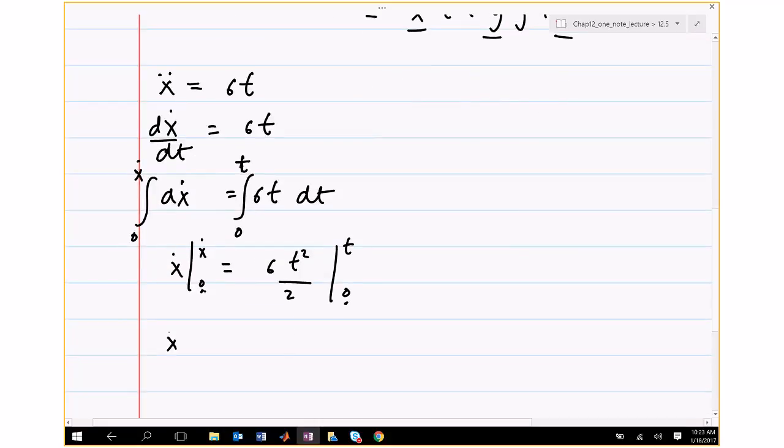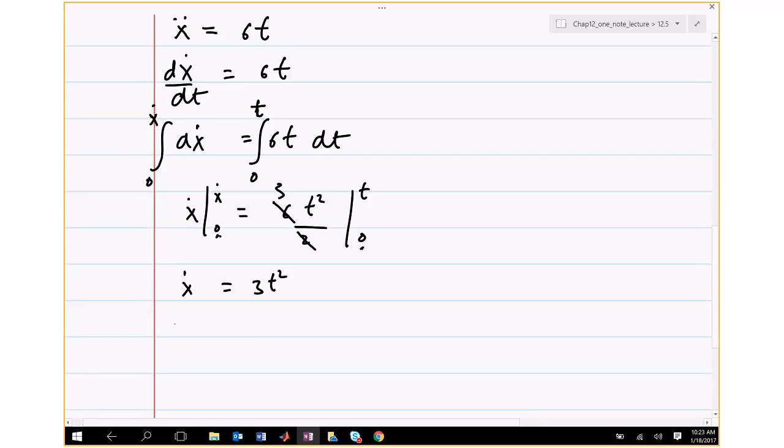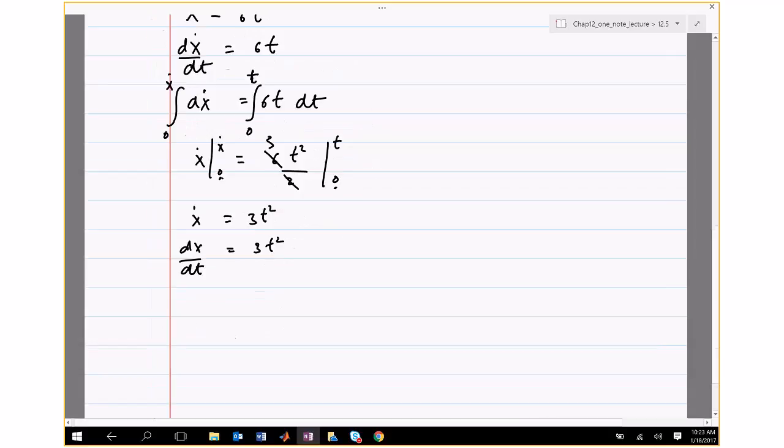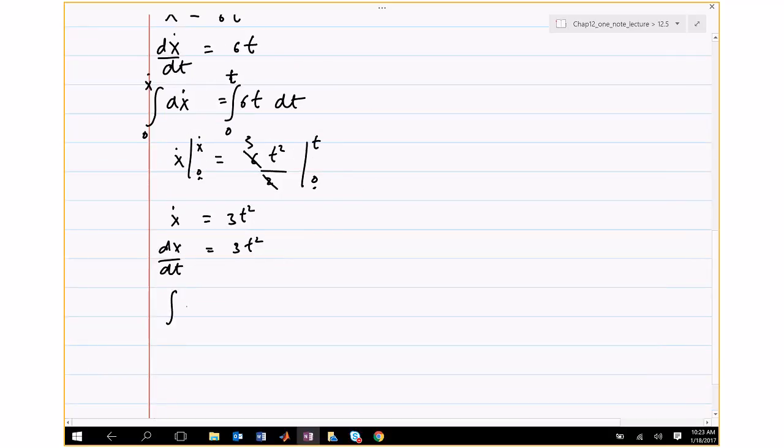So x dot equals 60t, and then dx/dt equals 60t. Hmm, I mean x dot equals 3t squared as written, and dx/dt equals 3t squared. What I'm going to do is integrate from 0 all the way to x, and time from 0 to t.